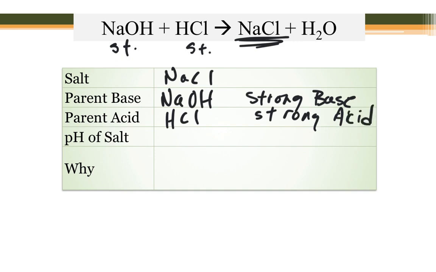Because both of them are strong, they're going to dissociate 100%. The pH of the salt that is produced is neutral. Salts of strong bases and strong acids are always neutral. They don't actually react with the water.